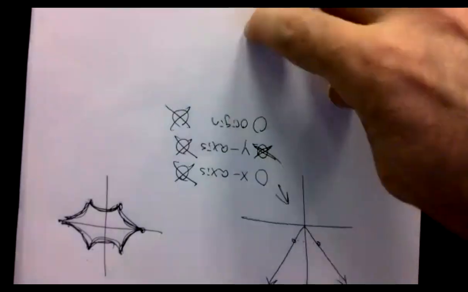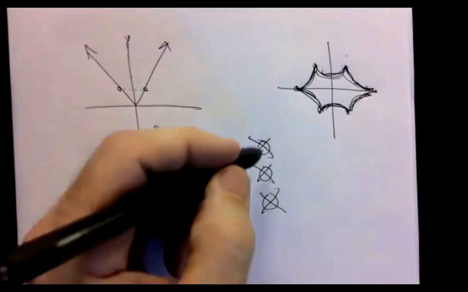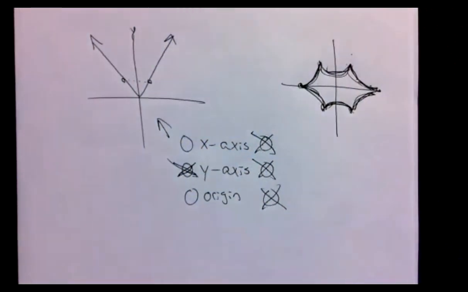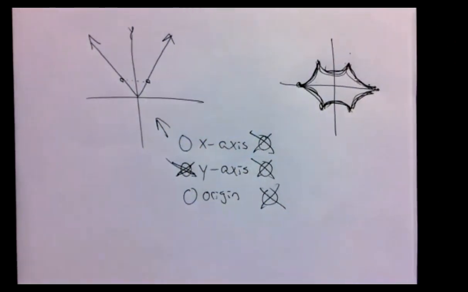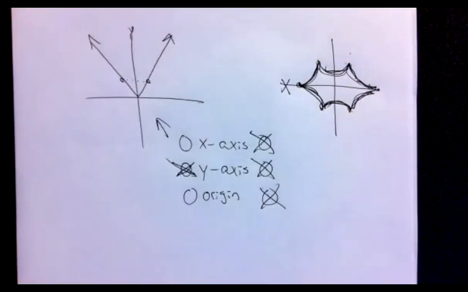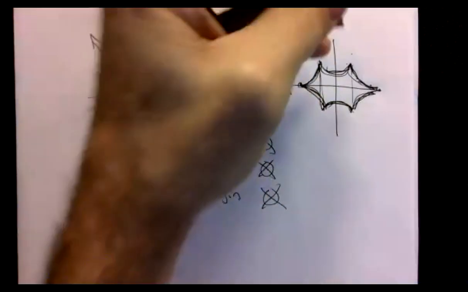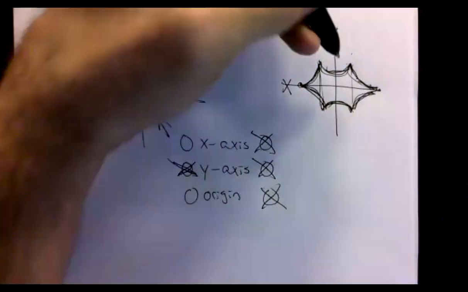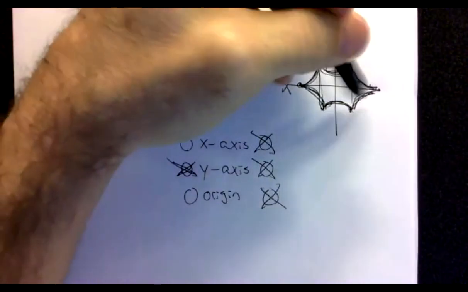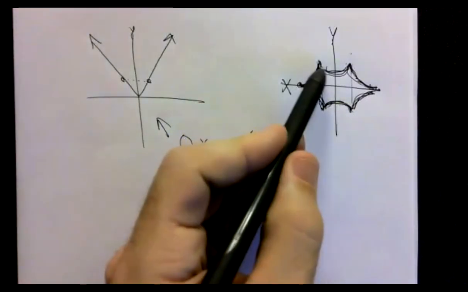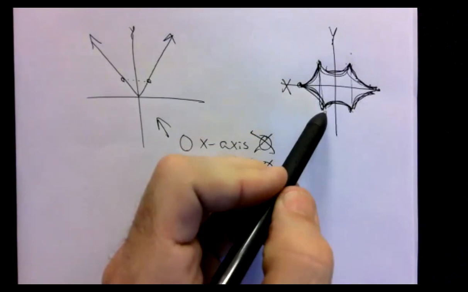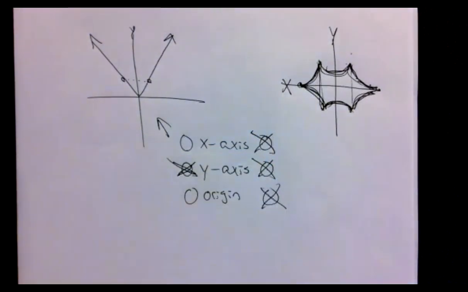Yep. So this particular graph actually has symmetry with respect to all three. This has symmetry with respect to the x, this way. You have symmetry with respect to the y, that would be this way. And you have that 180-degree rotational symmetry with respect to the origin.